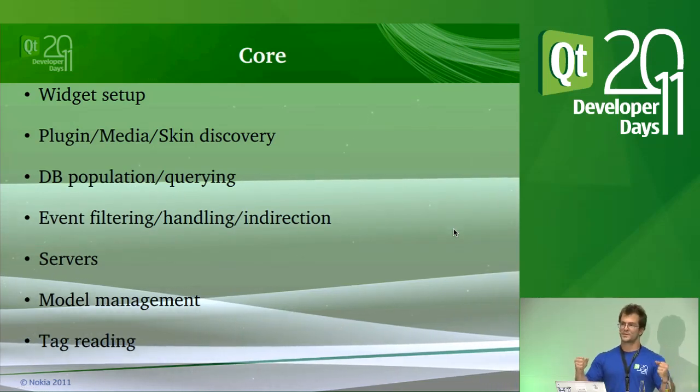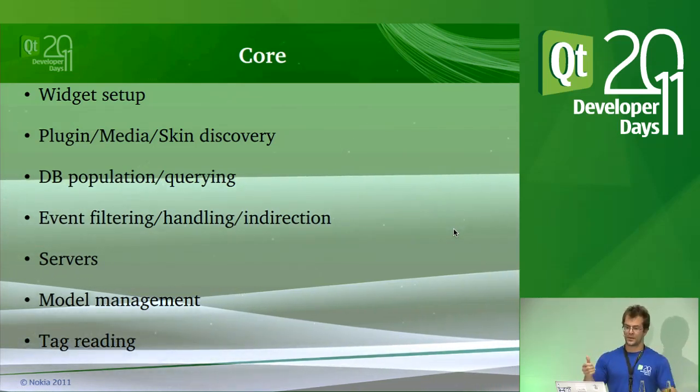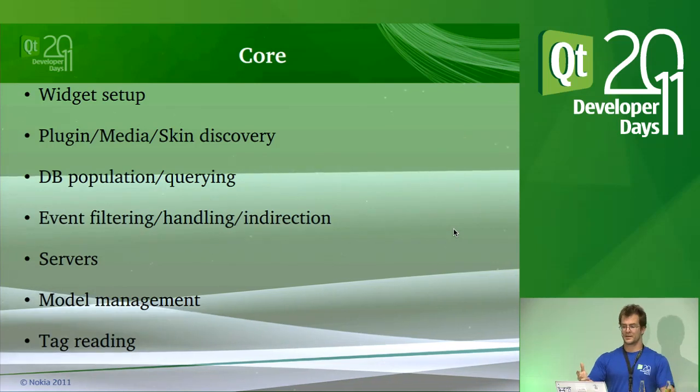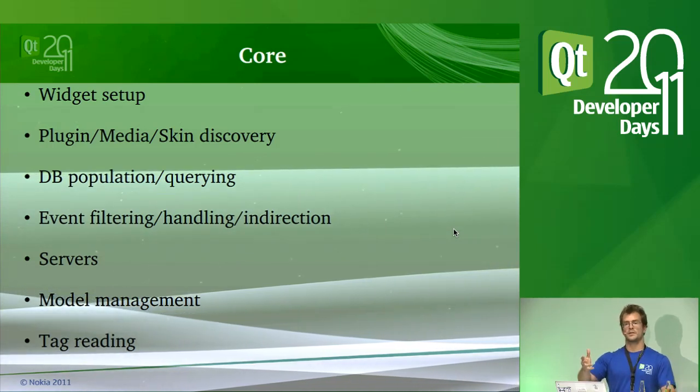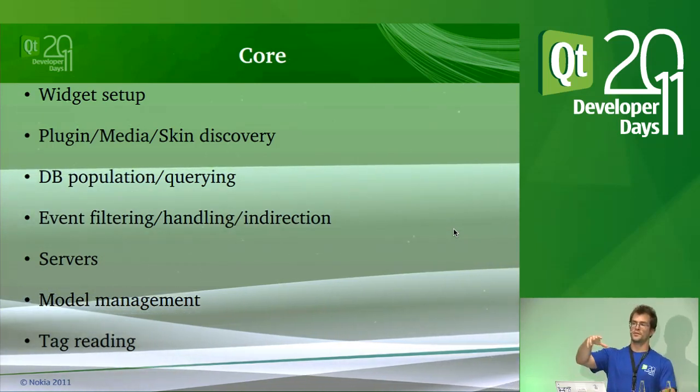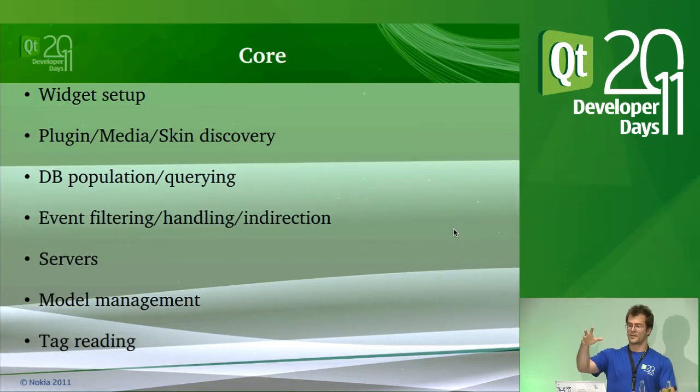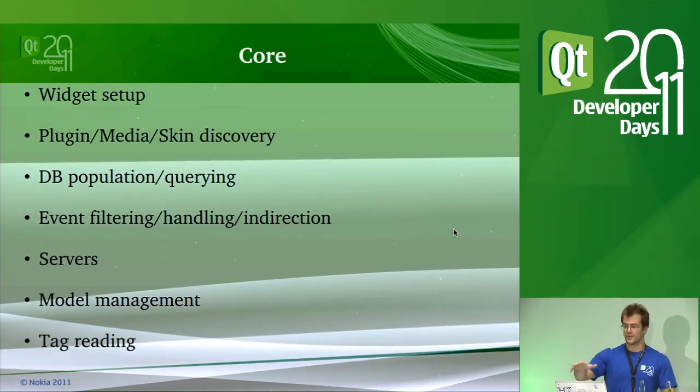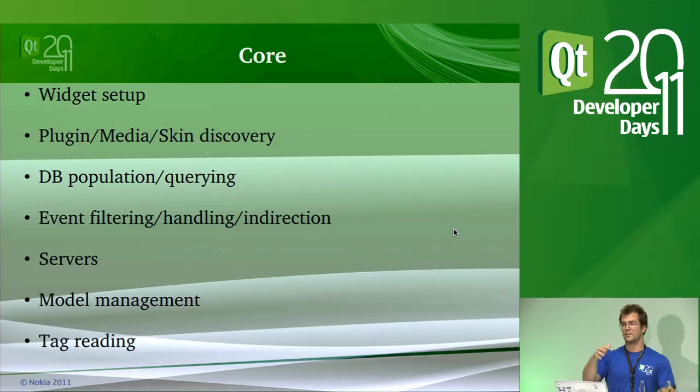In the core C++ runtime, we do all the things you kind of expect. We do things like widget setup, creating the Qt declarative view, setting a GL viewport on it, things that hopefully are very familiar to all of you, but many people get tripped up by this.